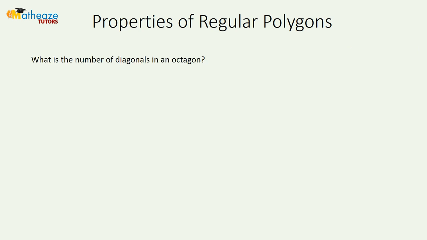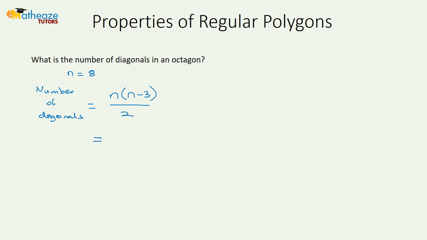What is the number of diagonals in an octagon? An octagon is a polygon with 8 sides, so n is equal to 8. The number of diagonals is equal to n multiplied by n minus 3 divided by 2.